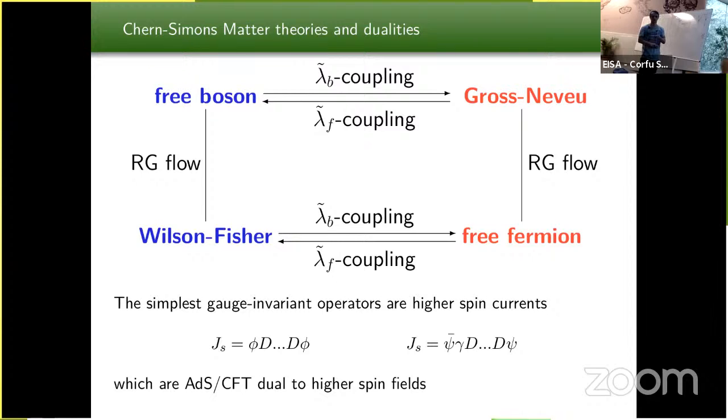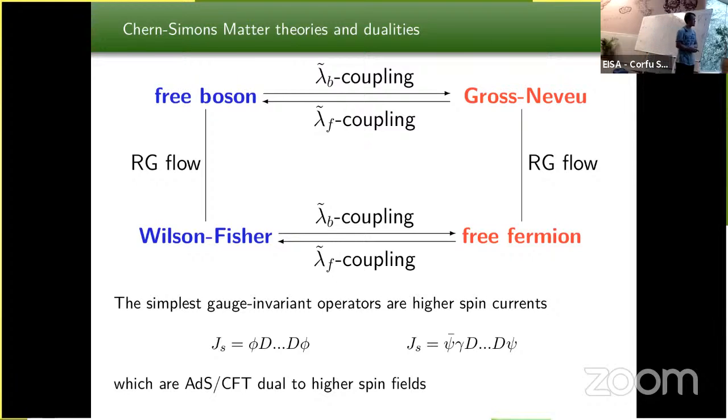And you take free fermion and couple it to Chern-Simons, so it's not free anymore. You have likewise a 1 parameter family of conformal field theories, and the conjecture is that these are actually the same theories. So everything you compute in those, correlation functions, anomalous dimensions, must be the same, provided you identify parameters on both sides of the duality appropriately. And likewise here. So 4 theories must coincide pairwise.